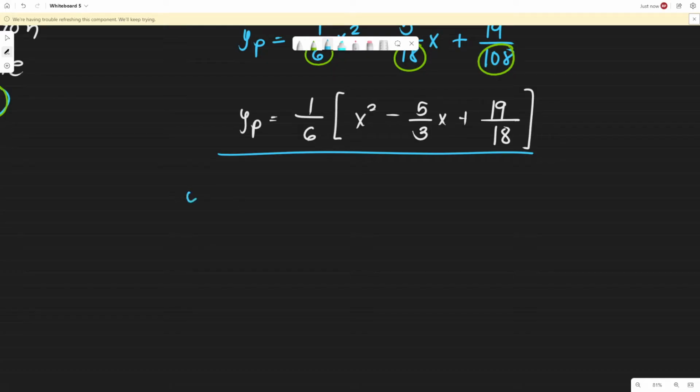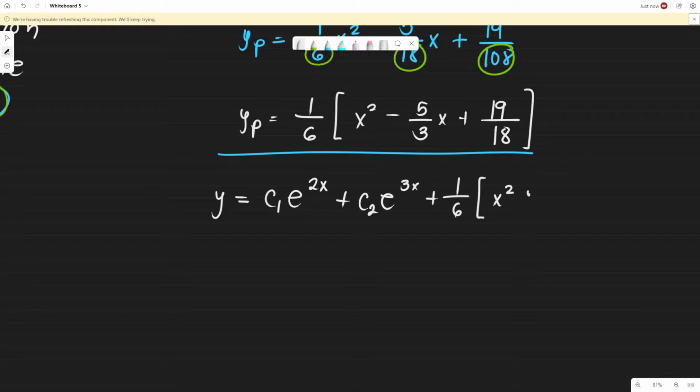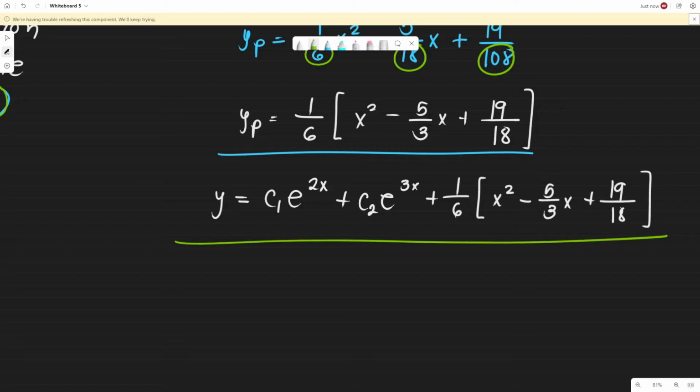So, that is C1 e raised to 2x plus C2 e raised to 3x plus 1 over 6 x squared minus 5 over 3x plus 19 over 18. Ayan. So, this is the solution to the given differential equation.